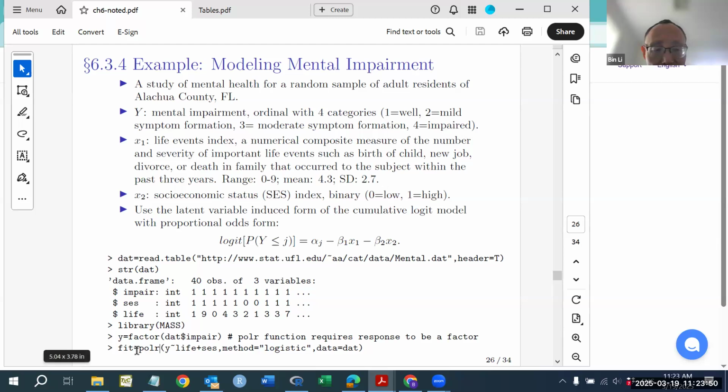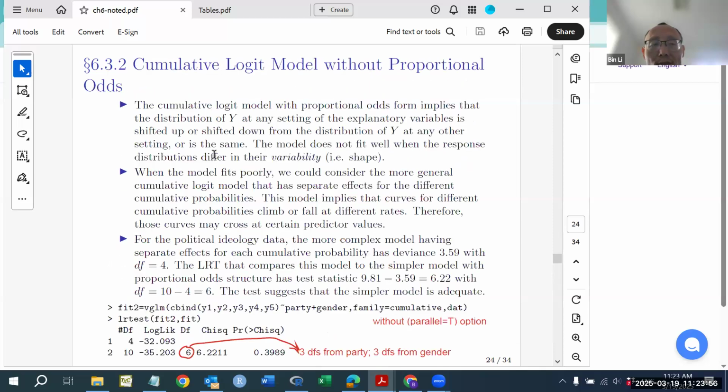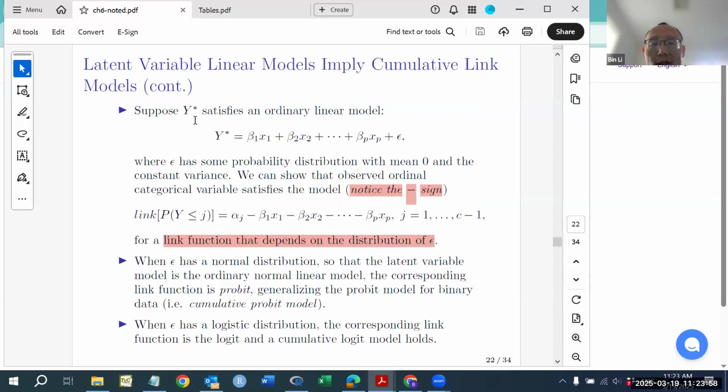So this can do the same job, except it outputs this model. Is that clear? So that's the difference between the polr function and the function in the VGAM library.